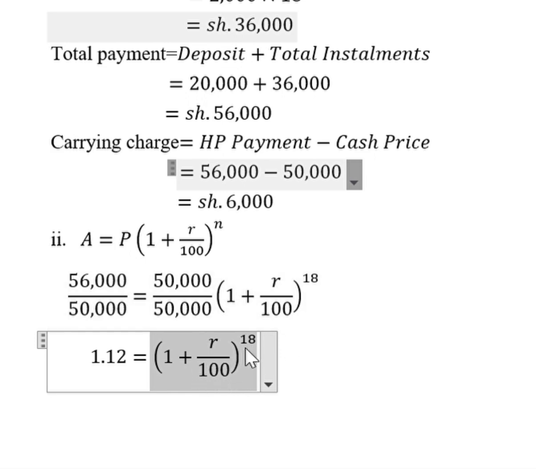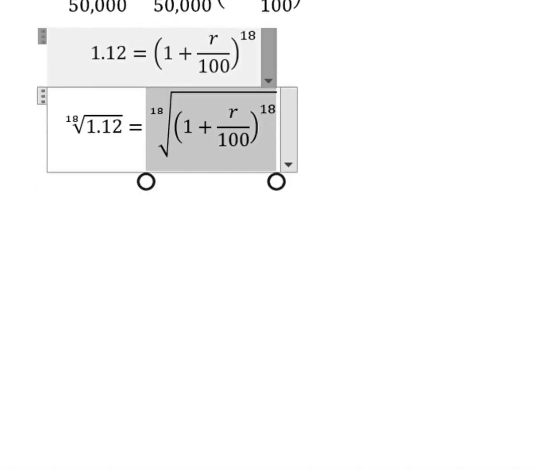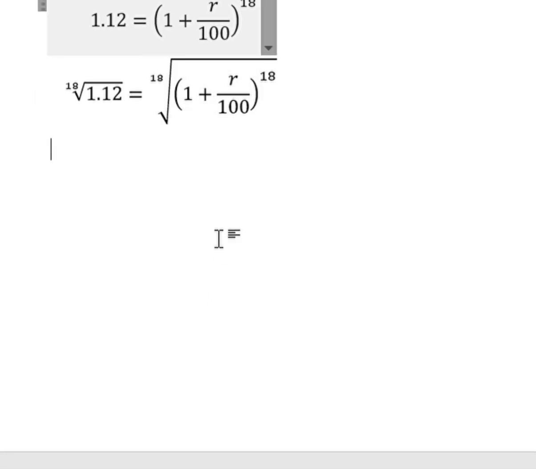Now we need to remove this power 18, and how we do that is by finding the 18th root on both sides. So we look for the 18th root here and the 18th root here. This 18th root will cancel with the power 18. So on this side we shall have 1 plus rate over 100.